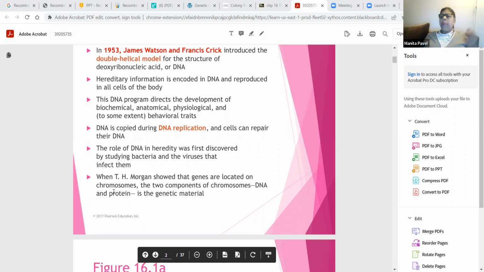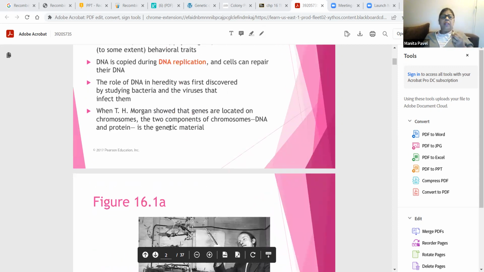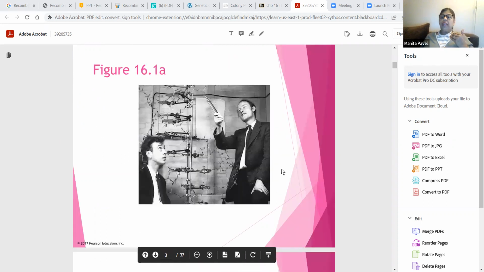the role DNA plays in heredity was first discovered studying bacteria and viruses that infect them. The first two scientists, as we know, who put forth this helical model were James Watson and Francis Crick.